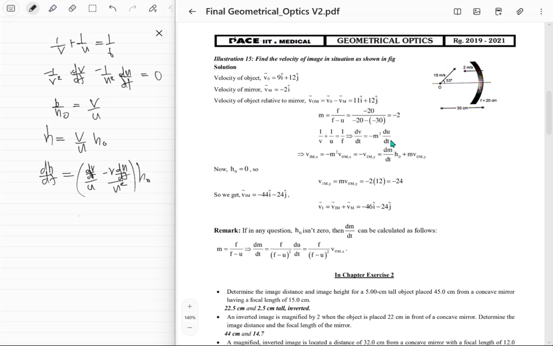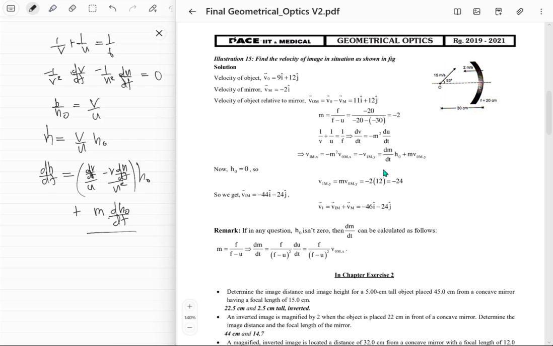Anyway, and then you got plus v upon u, which is the magnification, times dh naught upon dt. Usually h naught is a fixed quantity, so you can just get rid of this whole thing. But what if it's not? What if your object has a variable xy coordinate? Then you cannot get rid of this.